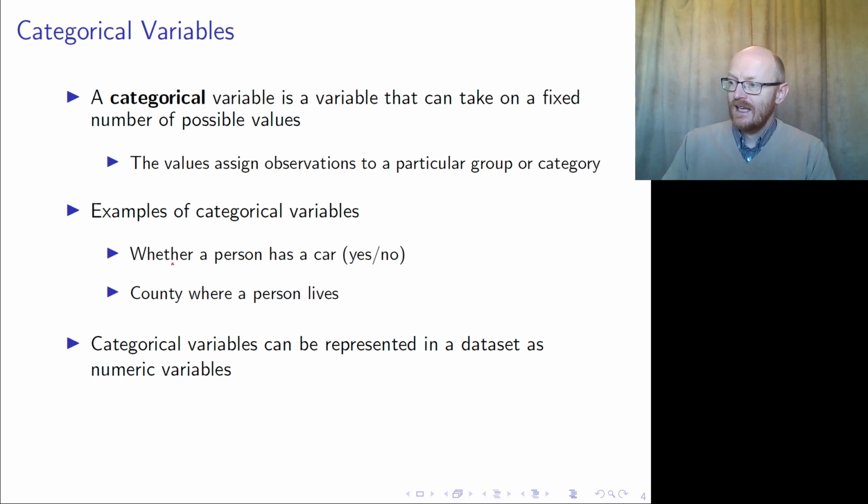An example can be whether a person has a car, yes or no. If the person has a car, you can assign the value 1, and if the person does not have a car, you can assign the value 0. And if the categorical variable has either the 0 value or the 1 value, then it's a dummy variable.